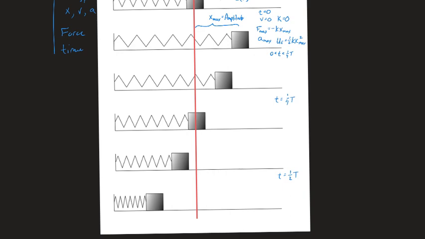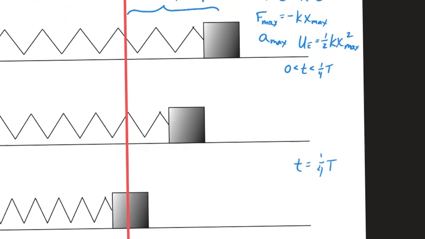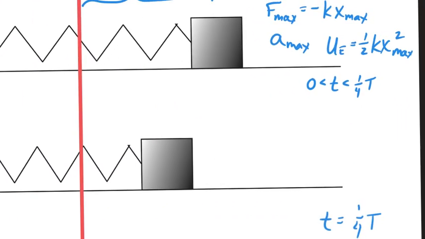So this is the quarter, and this is the half. We only have represented half of an oscillation. So going back to here, we're looking at the time between when we first release it, but before we've made it to equilibrium. This is the time between 0 and 1/4 of the period.